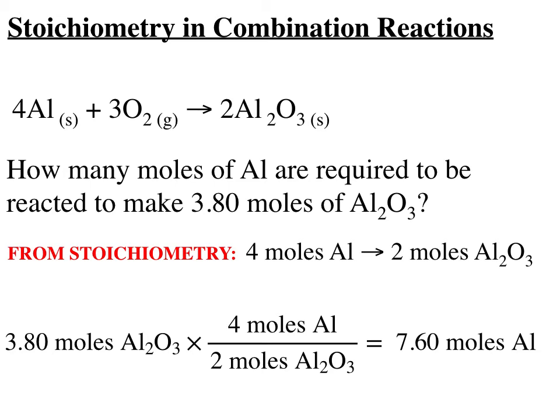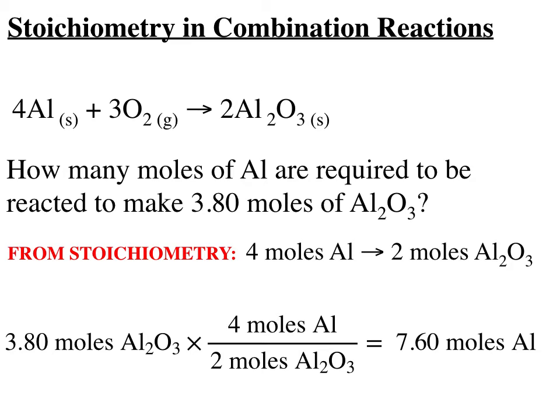And then when I dimensionally check, the moles of Al2O3 divide out, and my answer is in moles of aluminum, which is what I'm trying to convert to. So this is simply using balancing coefficients, or using stoichiometry, to perform a unit conversion from moles of aluminum oxide into moles of aluminum.